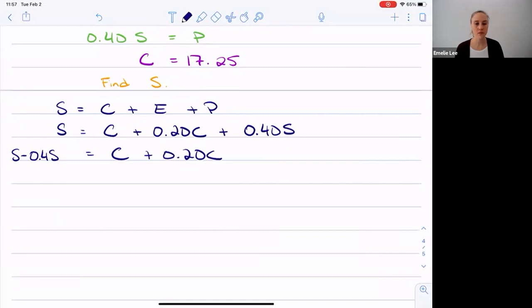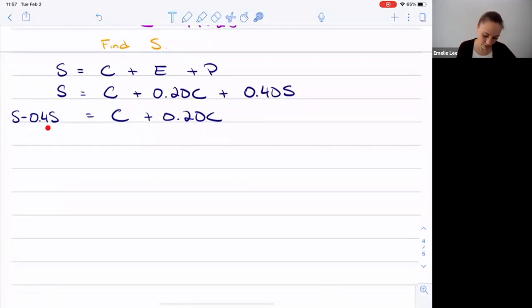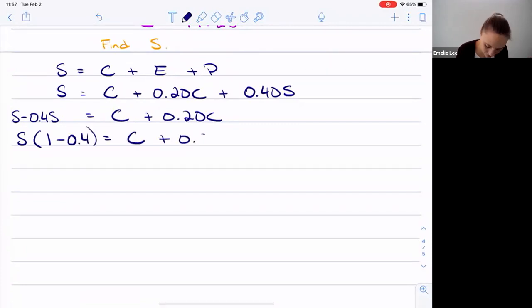Now, I'm trying to solve for S. I've got a common multiple of S that I can factor out. Here's where people get tripped up: you need to pull out that common S. And when you do that, you have S times 1 minus 0.40 is C plus 0.20C.